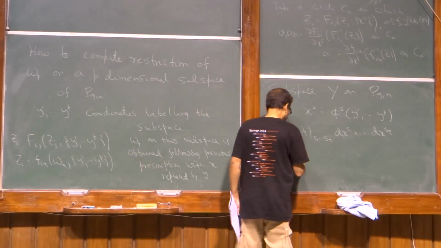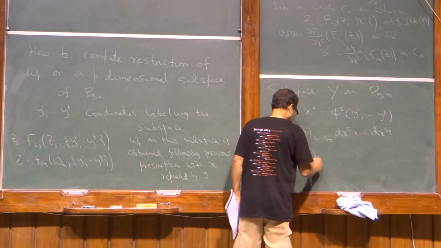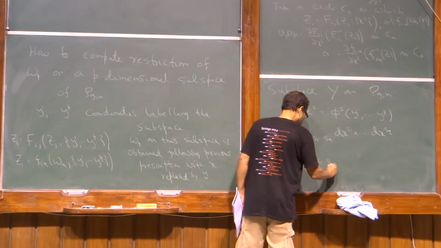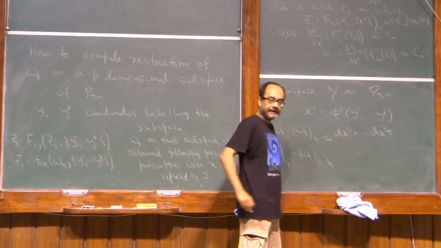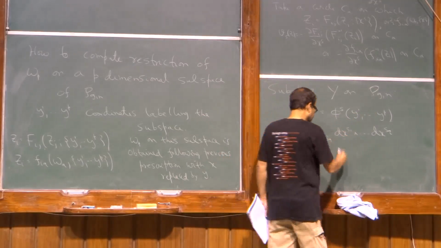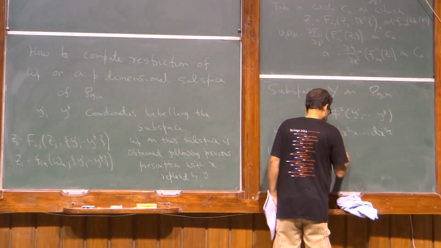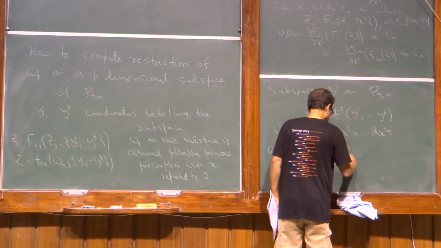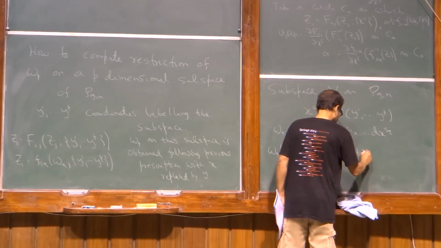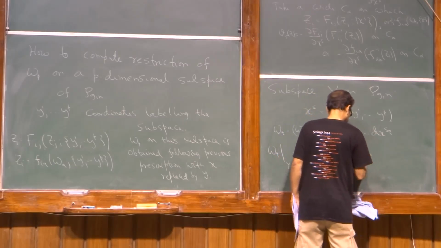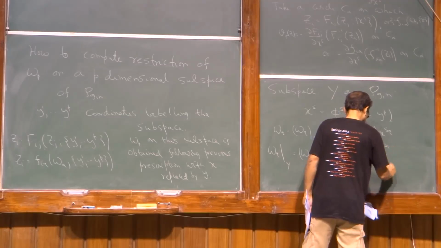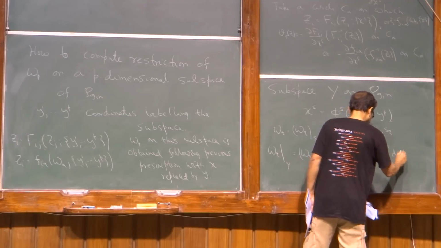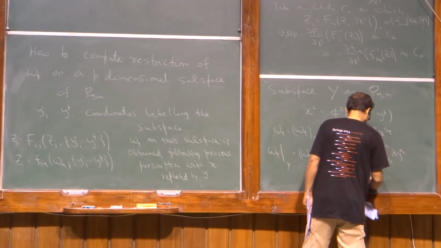Each dx is replaced in terms of dy: each dx is written as del phi s1 del y alpha 1 dy alpha 1, with del phi s2 del y alpha 2 dy alpha 2, and so on.